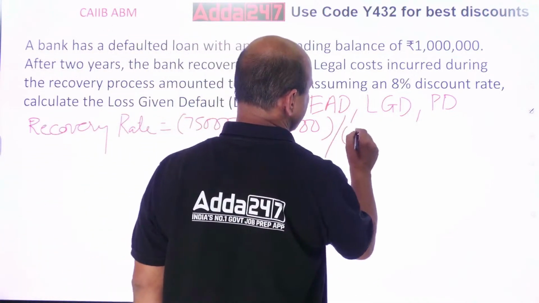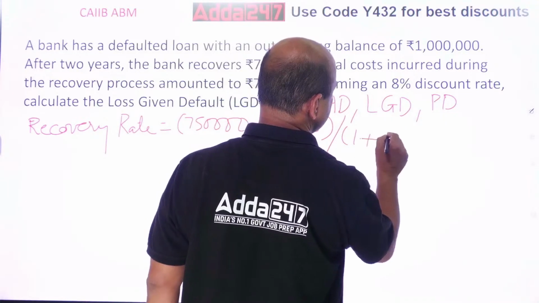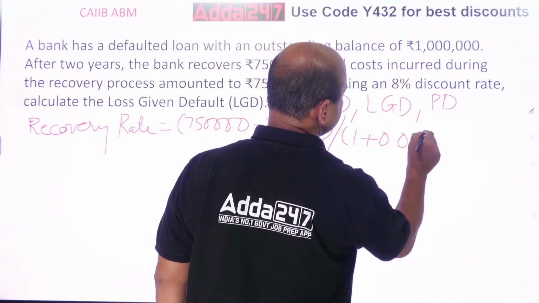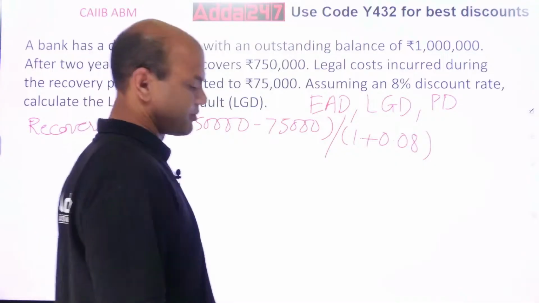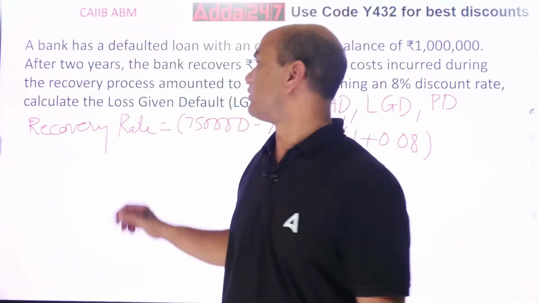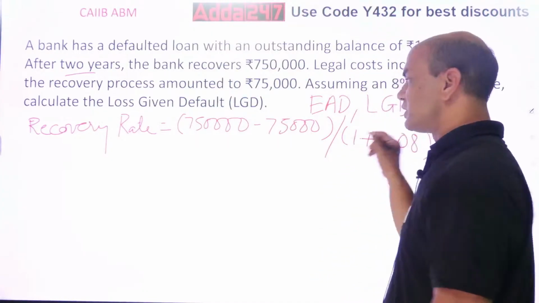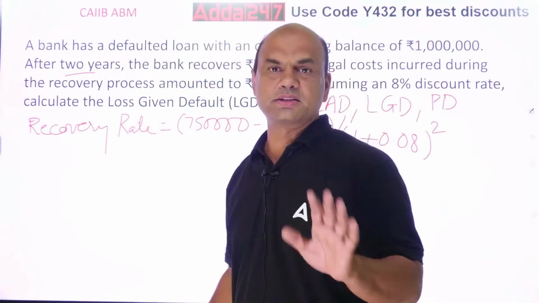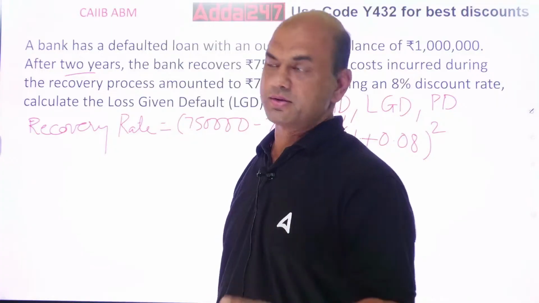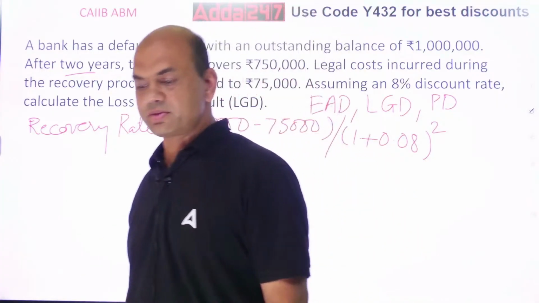So 1 plus 0.08 raised to how many years? After 2 years. Look at this. So raised to 2. Now solve this. First get the answer for this, then I will tell you further. Get the answer for this, everyone.